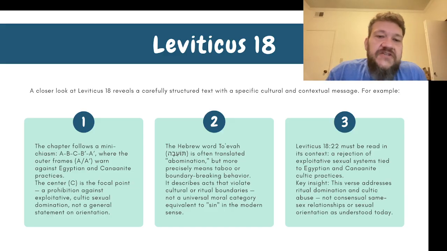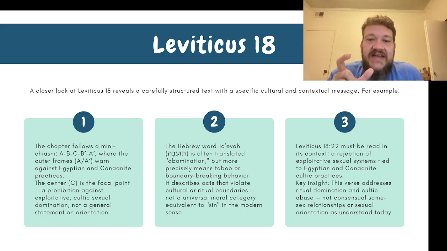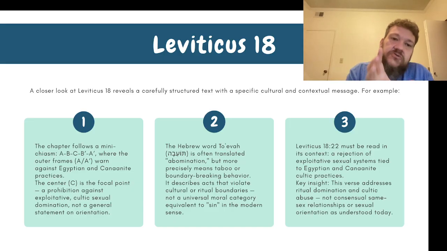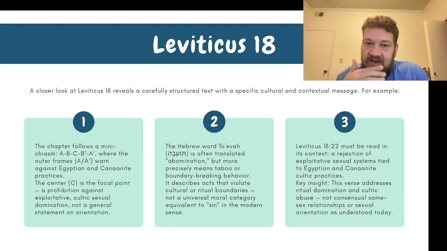Leviticus 18:22 uses a word, toev, which is often translated in modern Bibles as abomination. But it doesn't even mean sin. The word itself literally means something that is culturally out of bounds. It's like a taboo.